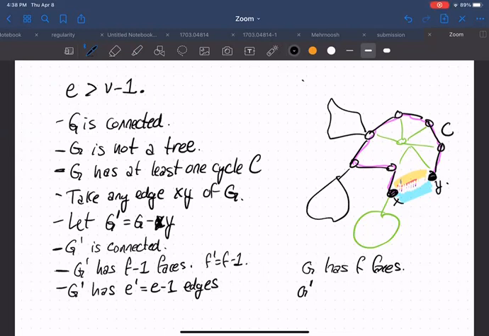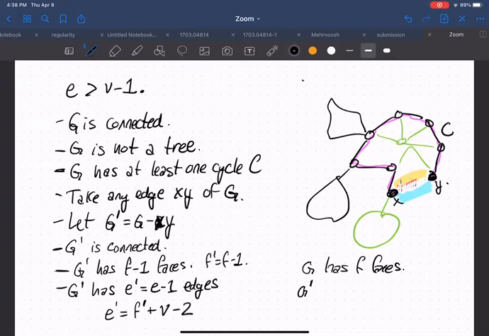Well, since G prime has fewer edges than E, we can apply the inductive hypothesis to it and conclude that E prime is equal to F prime plus, well, how many vertices does G prime have? It has the same number of vertices as before, so plus V minus 2.